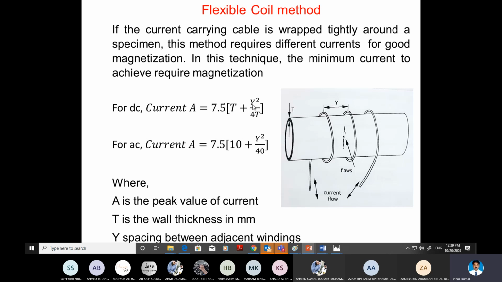That means there must be specific units for y and t, since we are using constants like 7.5, 10, 40, and these are empirical equations from experimental observations. That means t and y must be in a specific unit as per the equation. That is why A is in amperes, t, the thickness, should be in millimeters, and y you will also get in millimeters. This is about this equation.